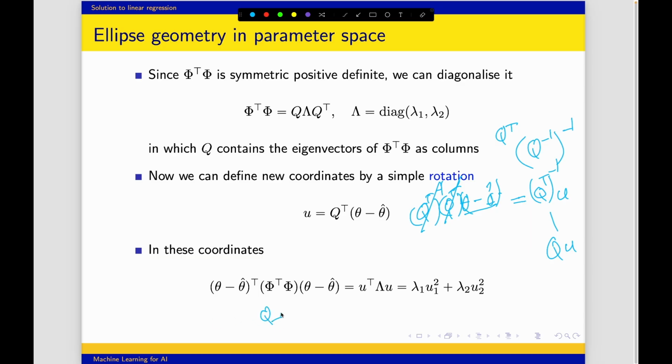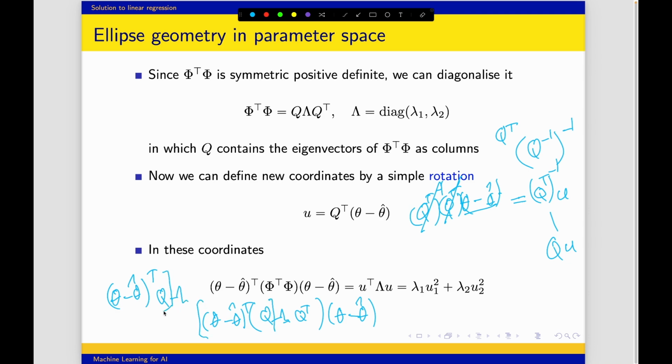So this is Q lambda Q transpose, that's this, and that's multiplied by theta minus theta hat transpose, or perhaps we use them both together, theta minus theta hat, right? So what have we got here? Well, we've got theta minus theta hat transpose times Q. That's this with this, and then we've got lambda.